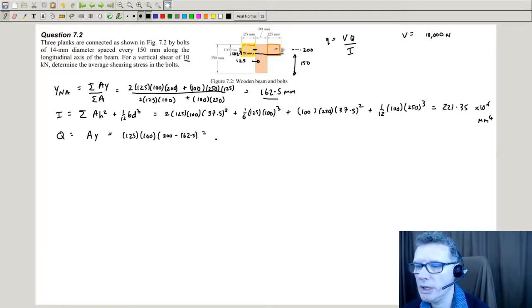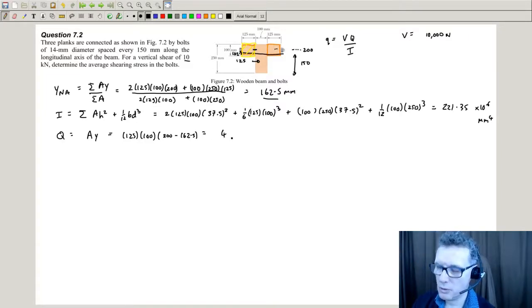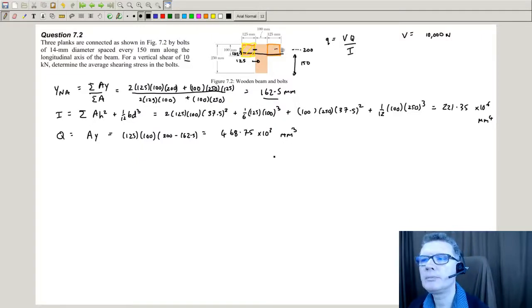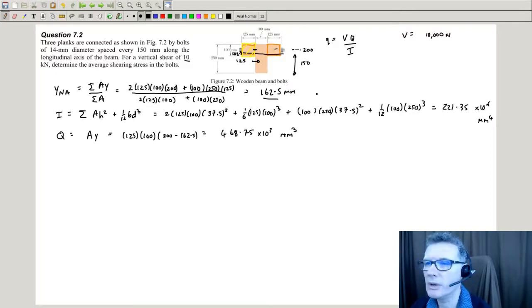Notice I'm working in millimeters. So 468.75 times 10 to the 3. This is millimeters, so it's millimeters to the power 3. Okay, so we've got the B, the Q, the I. So we know the shear flow now.